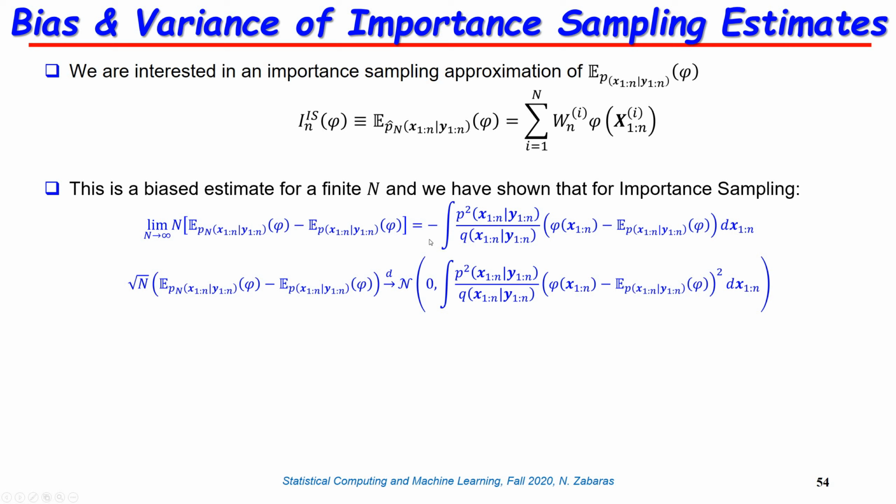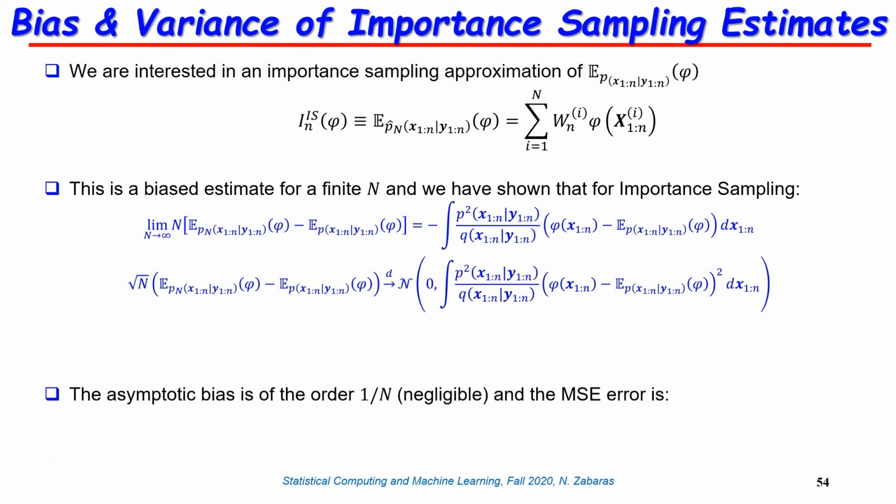So anyways, 1 over n times this integral is the bias, and the variance is 1 over n times this integral here, exactly the same formulas that we had computed before. Before, these formulas were written in terms of the normalized weights W. Here I have written them explicitly for your convenience.